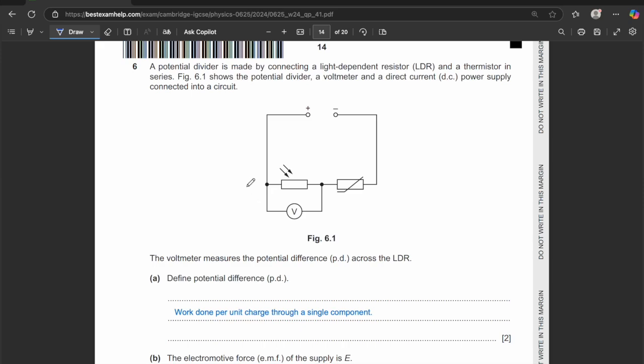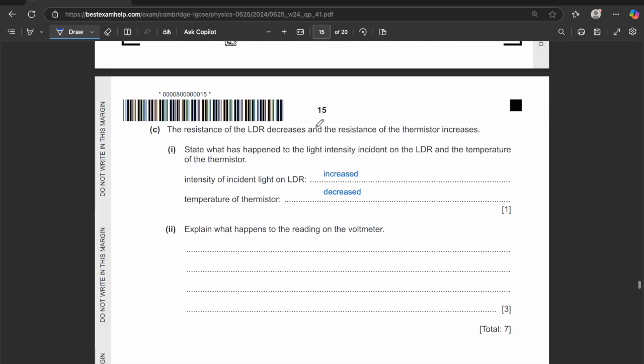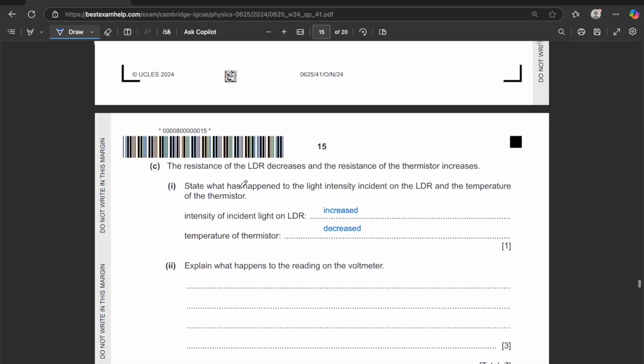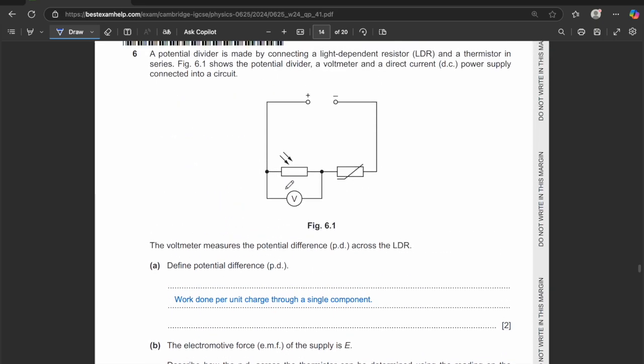They are directly proportional to each other. That's one thing. And then the EMF is constant. Because the resistance decreased, you don't need much voltage anymore, the EMF provided won't be less. That's the second point.